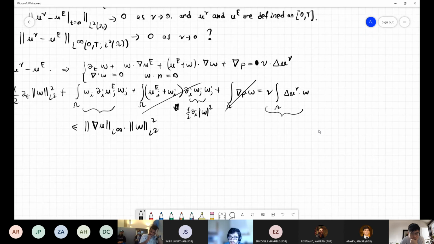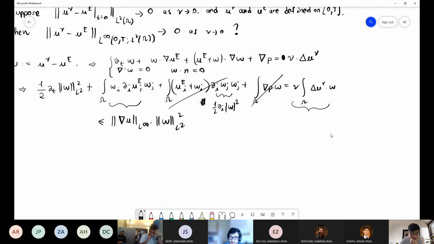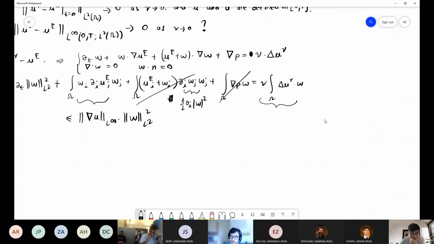In this term, we can't just integrate by parts. If one tries to integrate by parts, we get this.